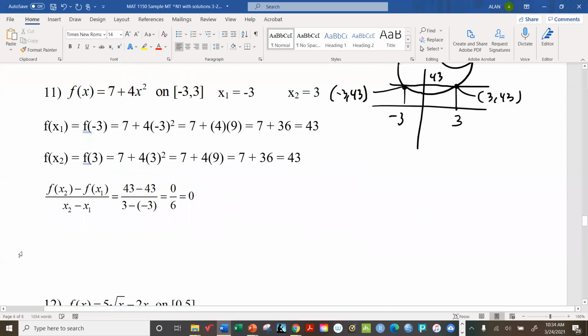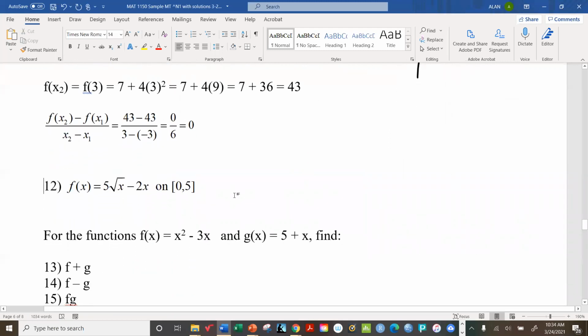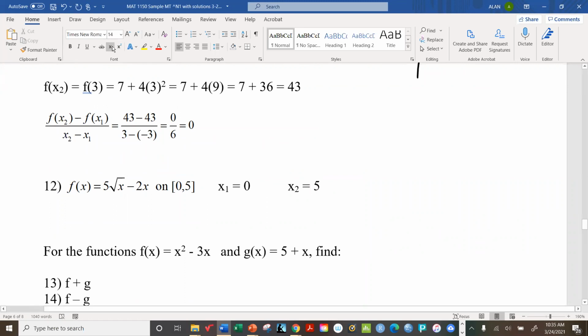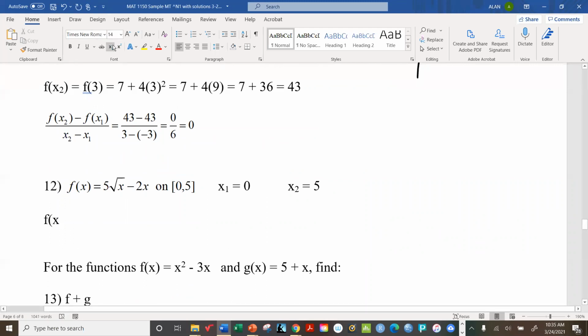And how about this one? We've got x1 is 0 and x2 is 5. So what about f of x1? That's f of 0. I'll need the equation editor for this one, or else I'll do it by hand.